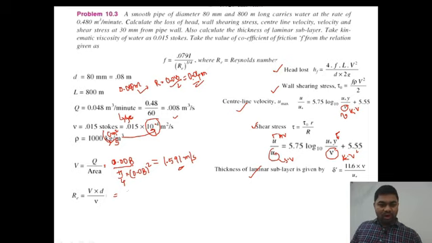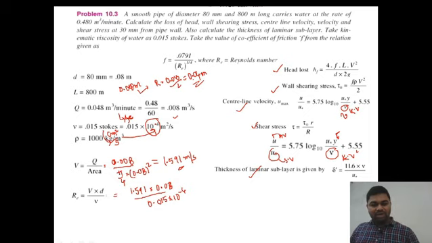The velocity which we have got is 1.591, into the diameter 0.08, divided by the kinematic viscosity, which is 0.015 into 10 to the power of minus 4.